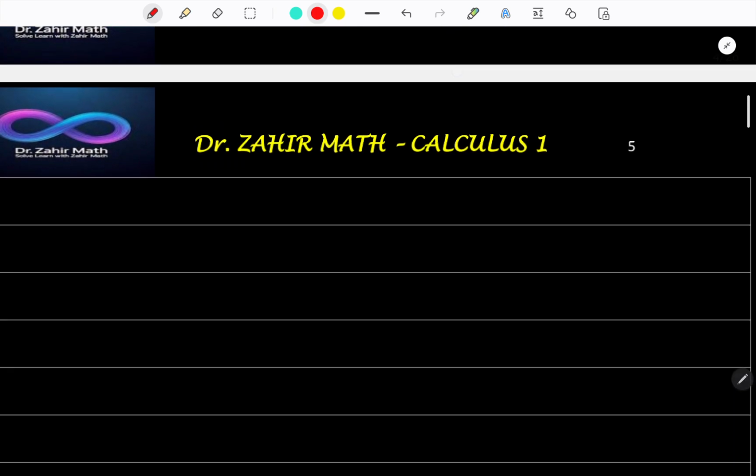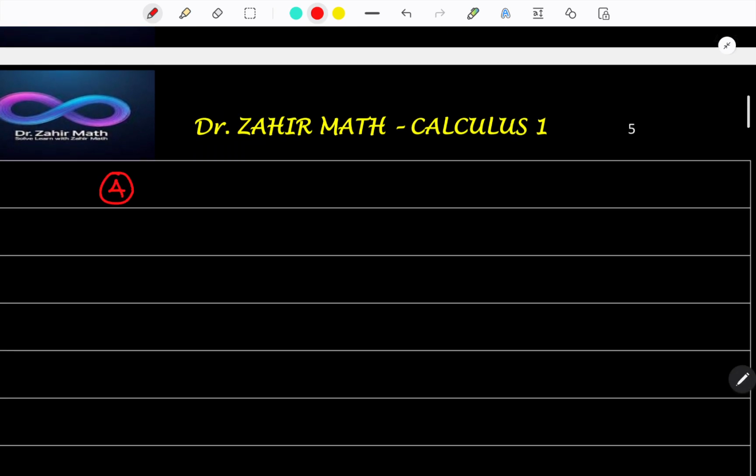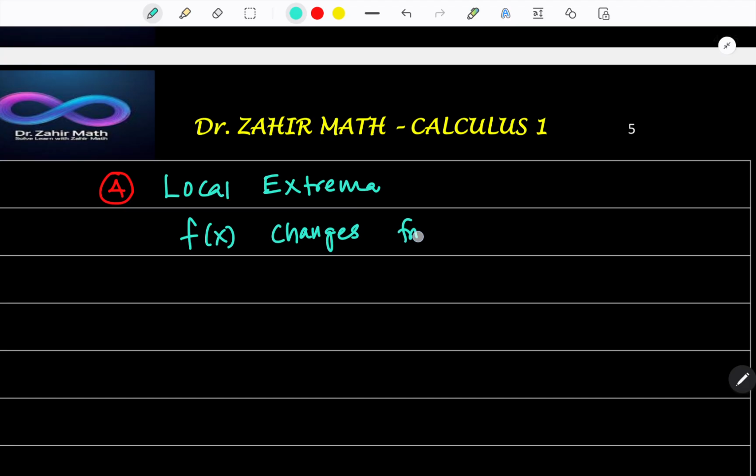So next we are going to write step number 4. What is step number 4? We are going to write where it happens. This local extrema, where it happens. It means f of x changes from negative to positive at x equals 3 over 4, which is 0.75, right?